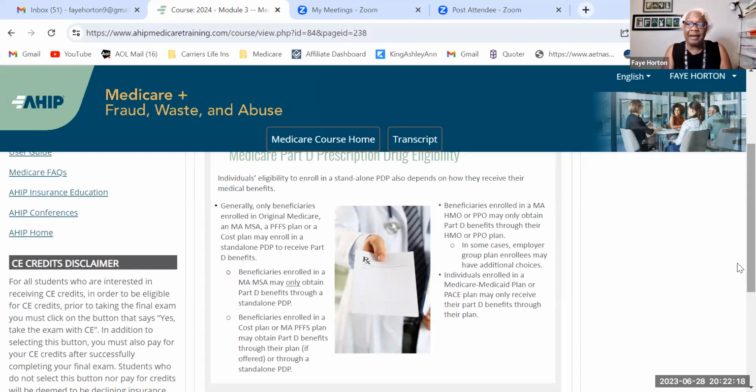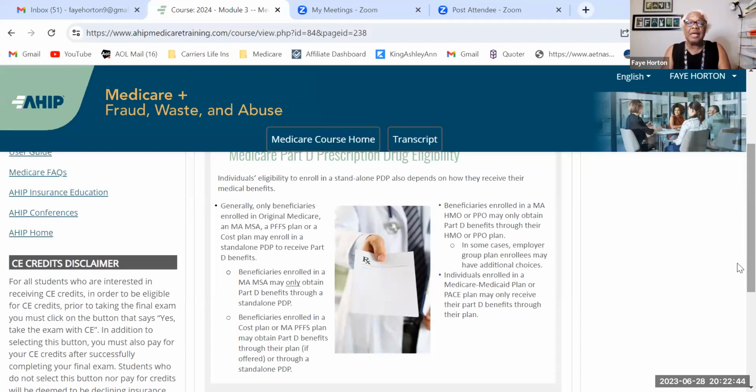So in the chat, my very smart students said PFFS, which is correct, and MSA, which is correct. But someone who has only original Medicare can also enroll in a standalone prescription drug plan, and someone who has a cost plan can also enroll in a standalone prescription drug plan.